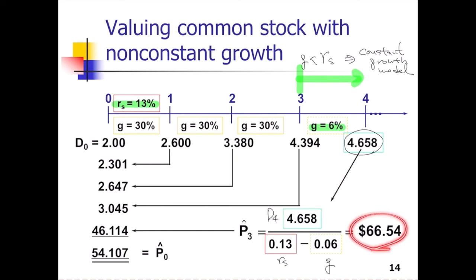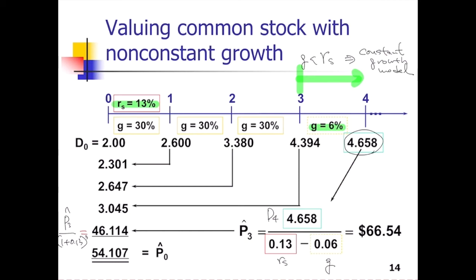But this number is P3, right? So we should discount. So this number comes from P3 hat divided by 1 plus RS. RS is 13%. Discount how many times? It is P3, so discount 1, 2, 3, so 3 times, power of 3.